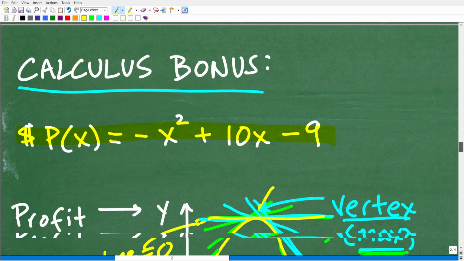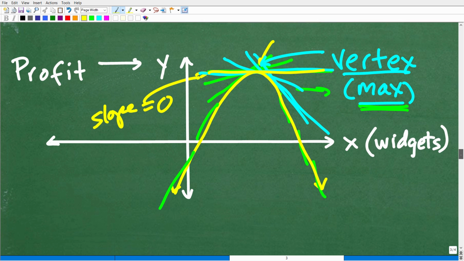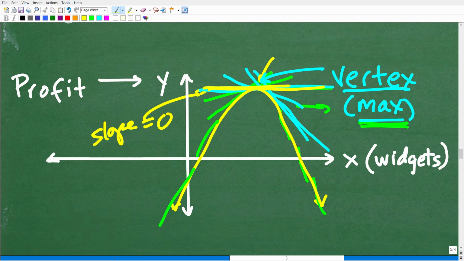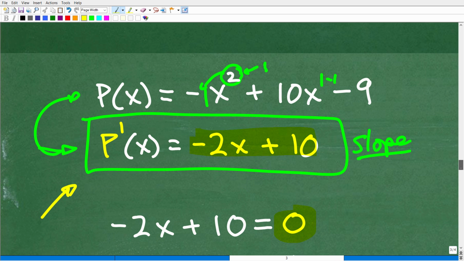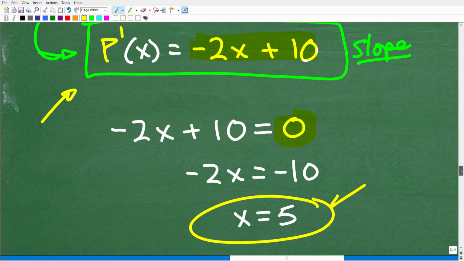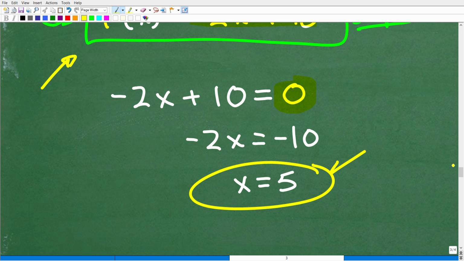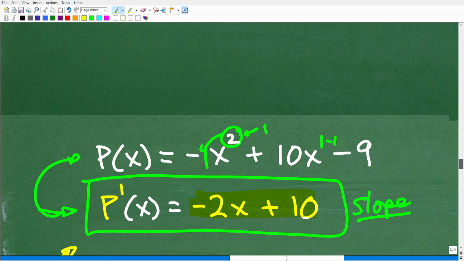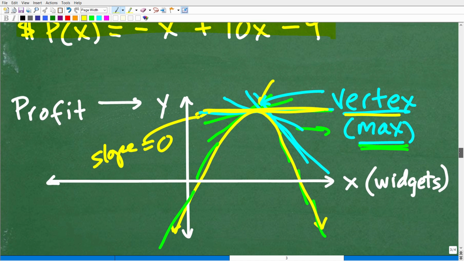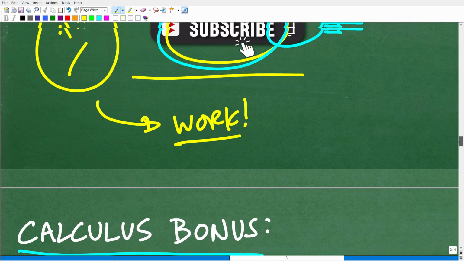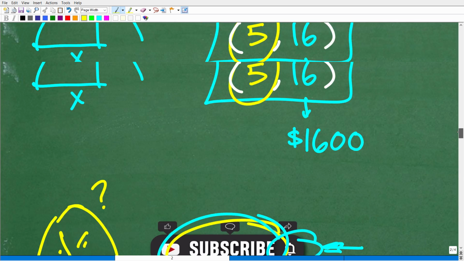When I was using calculus, all I had to do was calculate the first derivative and say, oh, I know where the slope is equal to 0, where it's at the vertex or the maximum. So I just got my little formula for the slope, set that equal to 0, solve for x, and there you go. Now, if I wanted the y value, I would do the same thing. I would plug that information back into the function, and then, of course, I would have the y component to this xy point, which is called the vertex.